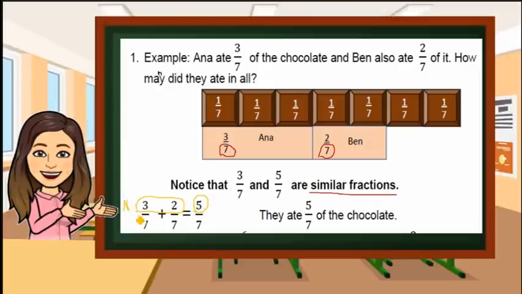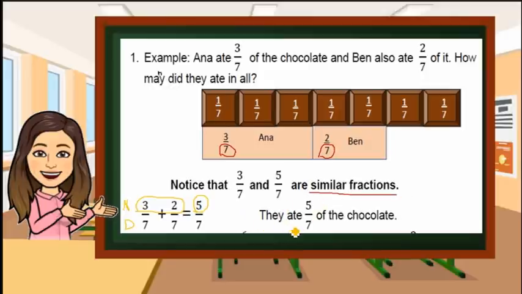Remember, the numerator should be added, but the denominator will stay the same. So 3 plus 2 is 5. Then copy the denominator, which is 7. So they ate 5/7 of the chocolate. It means that the chocolate was divided into 7 parts. So there are still remaining 2/7 of the chocolate.